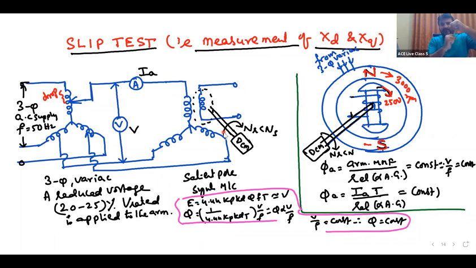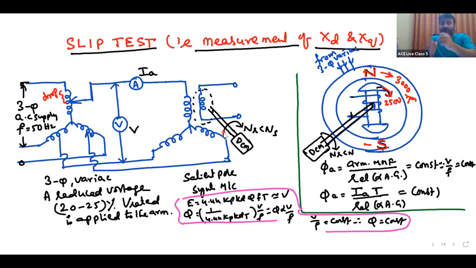Once it is aligned with the direct axis, after some time the angle changes: 0 degrees now, then 10, 20, 30, like that. When the angle changes, the armature flux finds variable reluctance. But when both rotate with the same speed, the armature poles are always aligned with the direct axis. When always aligned with the direct axis, the armature current is always minimum only.